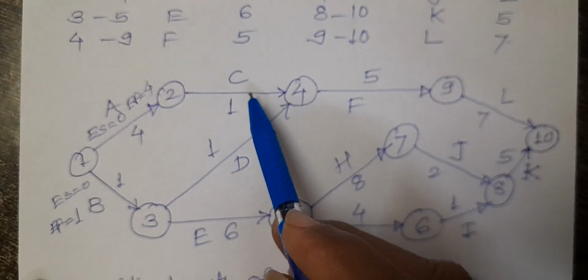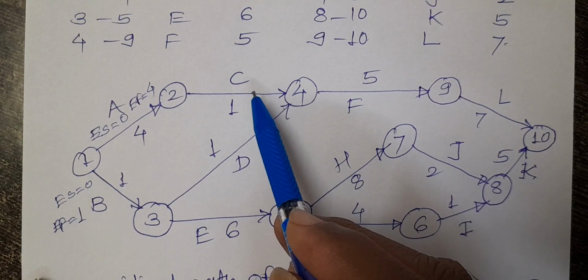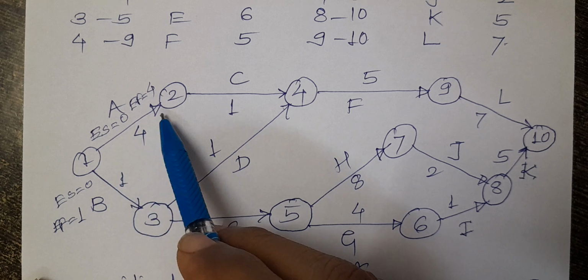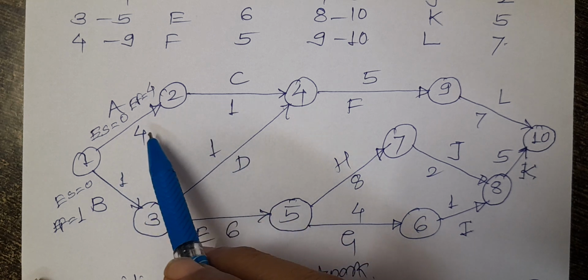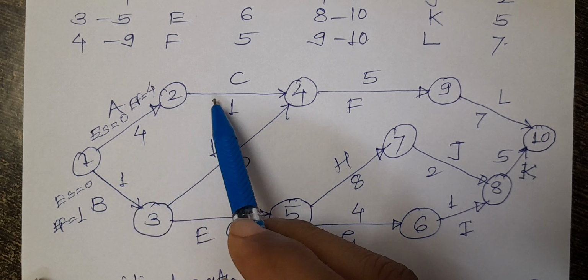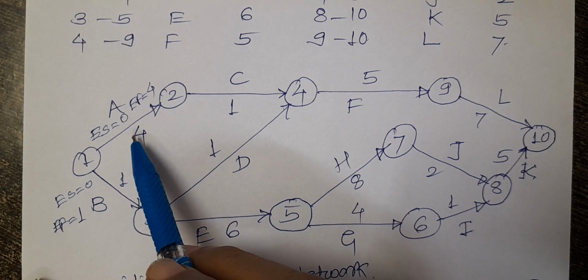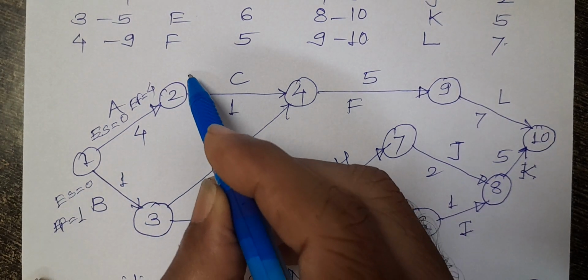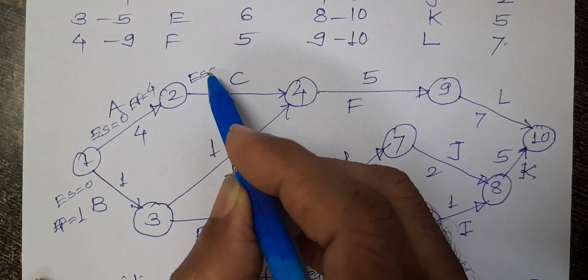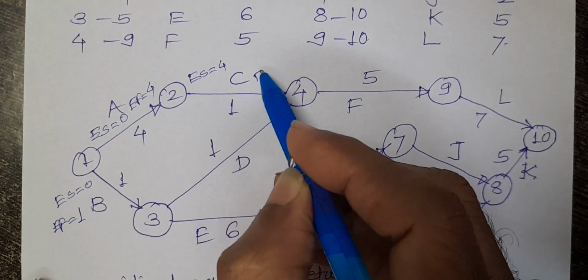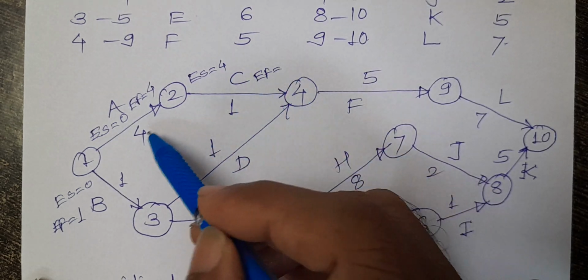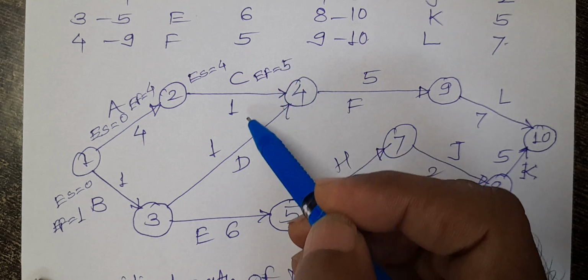Similarly, for C, what is the earliest start for this activity? This activity cannot be started as and when you wish. This activity can be started when this activity is completed. So earliest start for this activity is 4, and earliest finish is 4 plus 1, 5.